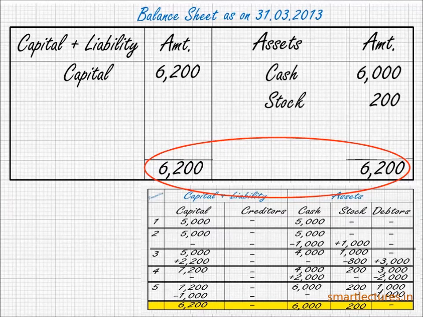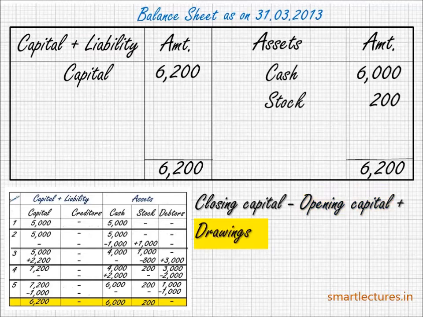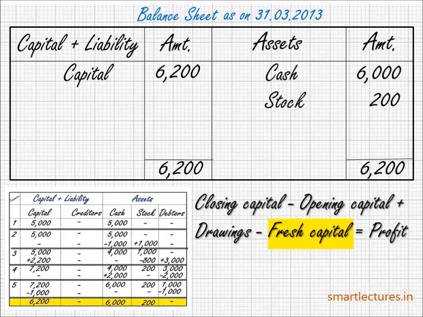Now one thing more, we have to calculate the amount of profit made during the year ending 31st March 2013. The formula to calculate the profit is closing capital minus opening capital plus drawings minus fresh capital. You can see closing capital as on 31st March 2013 was 6,200. We have taken this amount from the closing equation.